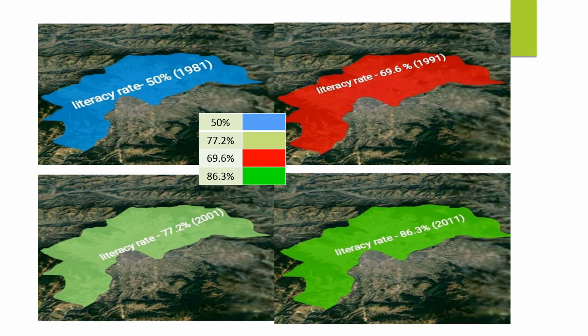And with the red highlight, it is a literacy rate of 1991, that is 69.6%. And in light green color we can see the literacy rate of 2001, that is 77.2%. And the dark green color we can see the literacy rate of 2011, that is 86.3%.